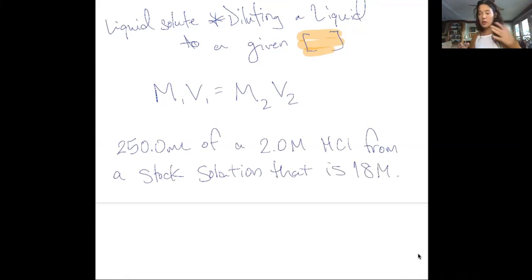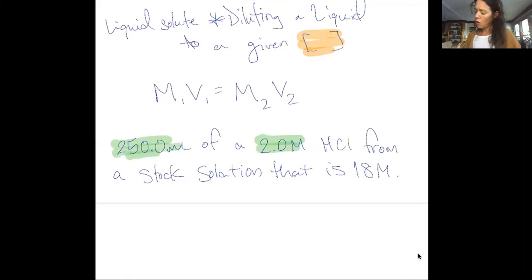So as a teacher, I buy a large jug of hydrochloric acid and it's extremely concentrated. And what I can do is dilute it and make an amount of any concentration I need. So, and this is where I get the students to do it for me sometimes. So what I need is the concentration to be 2.0 molar, and I need to have this volume of it.